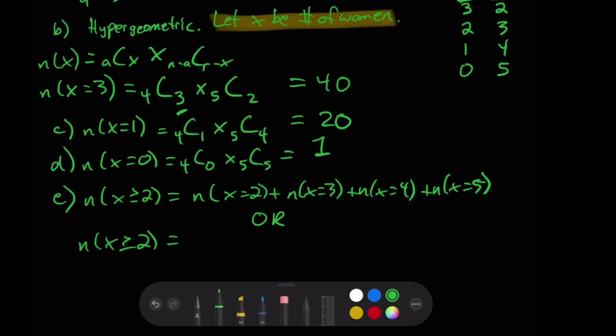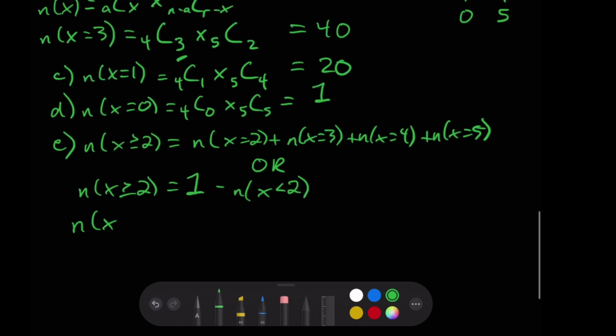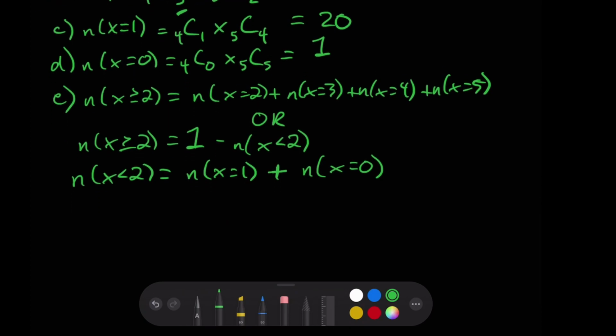So the total probability, all the probabilities add up to 100%, so 1 minus N of X less than 2. And so I would find N of X less than 2. My outcomes were X is equal to 1, so there's 1 woman on the committee, or, which means addition rule, we're going to add the number of outcomes when X equals 0. And we're just going to follow the math from above. I'm not going to show that here. I'll just set it up for you and not finish it.